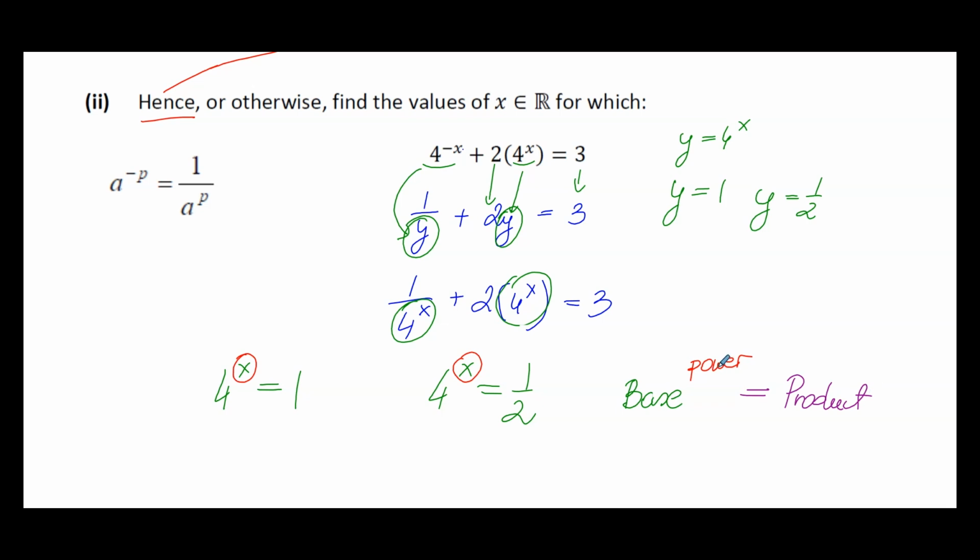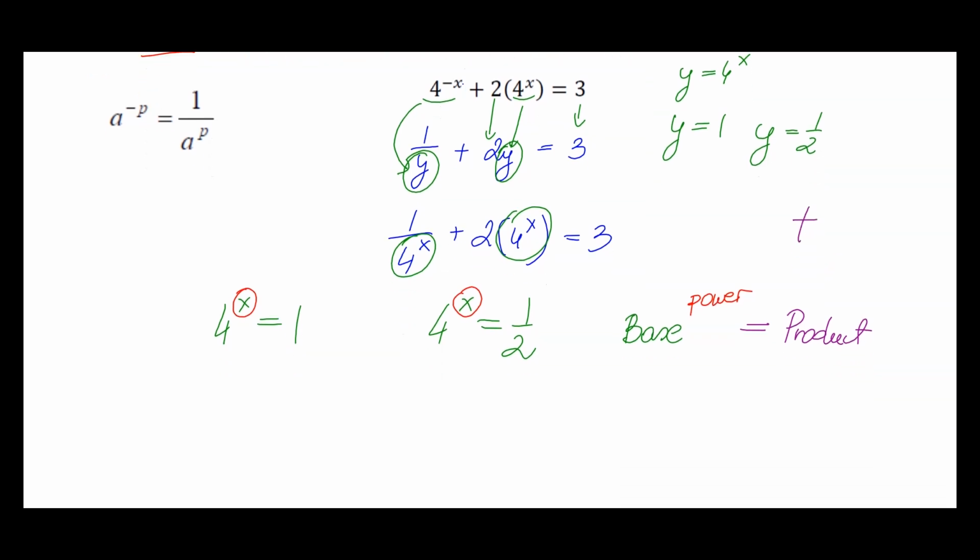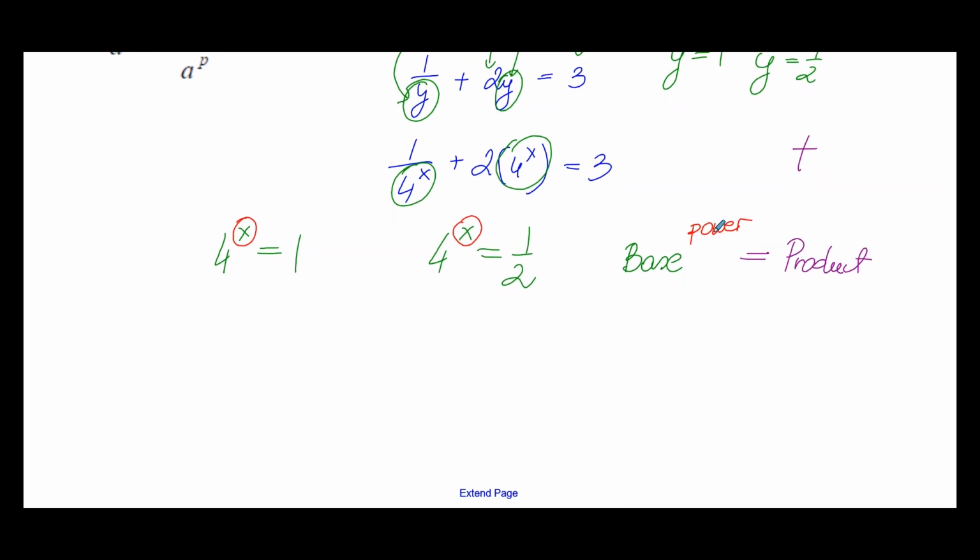When I'm looking for a power in maths, what do I write? If I am adding, in maths I say plus. When I'm looking for a power, what do I write? Log. That means I am looking for the power. What base? 4. What product? 1. And that equals my power.